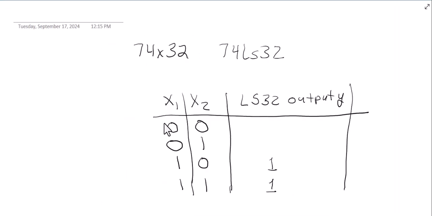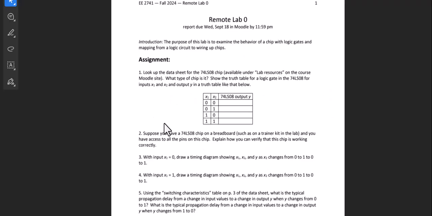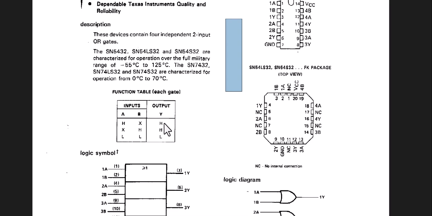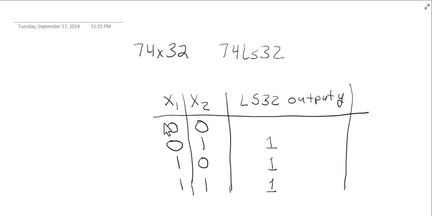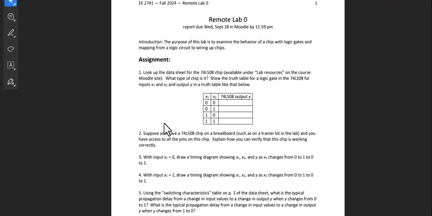So that would be this one. And then it tells me that if both inputs are low, my output is low, and that corresponds to 0. So that would be my truth table. You'll do your truth table the same way based on the function table that's on your data sheet.